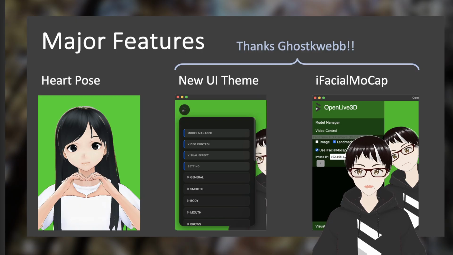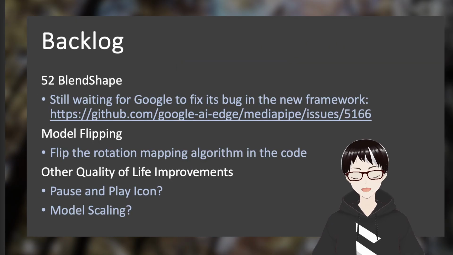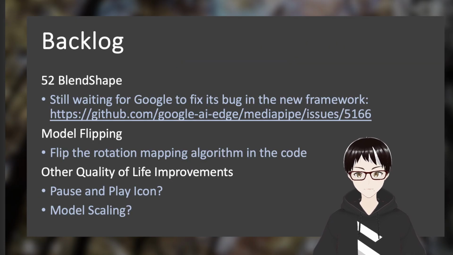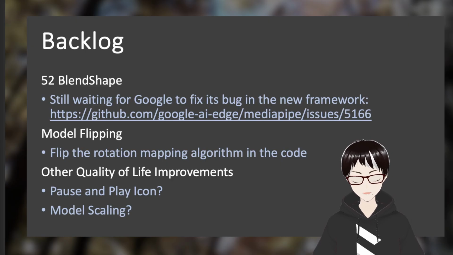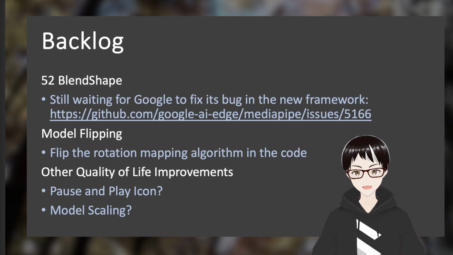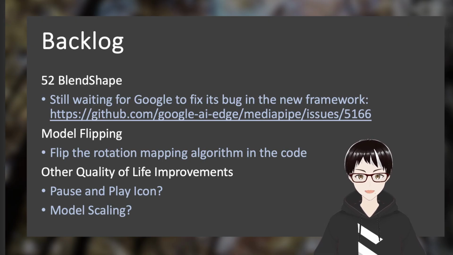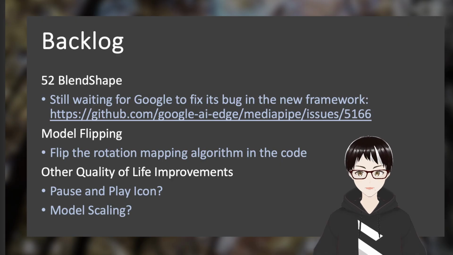So for the backlog, we're still following up on some of the features that we could deliver. The first one, I have been waiting for Google for 2 years. They still haven't fixed this bug. Before this bug is fixed, we just won't be able to make a more vivid facial expression, right?